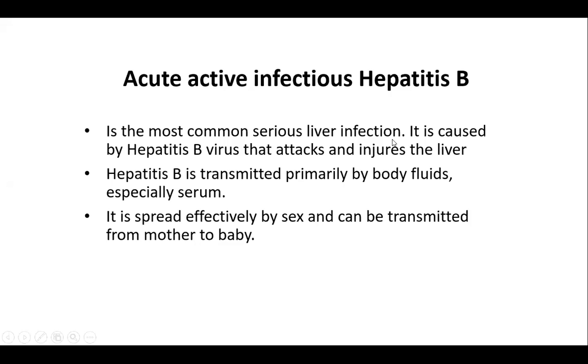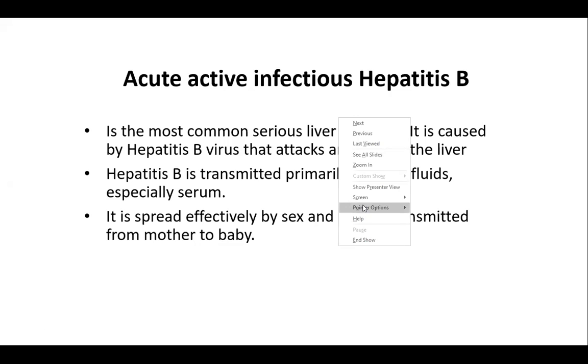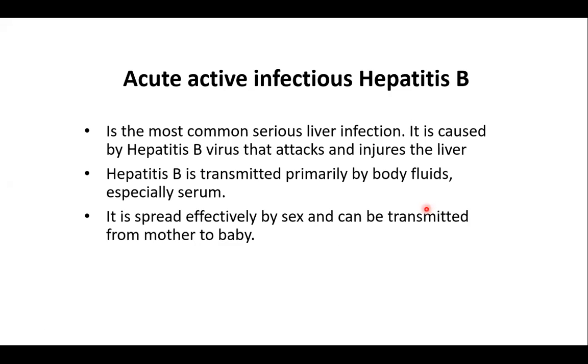It is the most common serious liver infection. It is caused by hepatitis B virus that attacks and injures the liver. It is transmitted primarily by body fluids, especially the serum. The spread occurs through minor breaks in the skin or mucous membrane among children with close bodily contact. It is spread effectively by sex and can be transmitted from mother to baby.